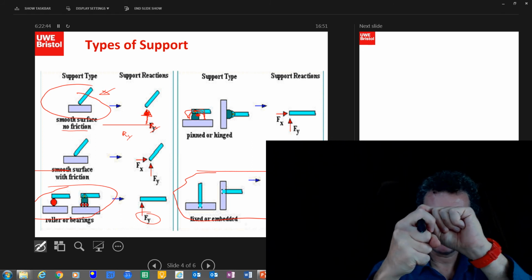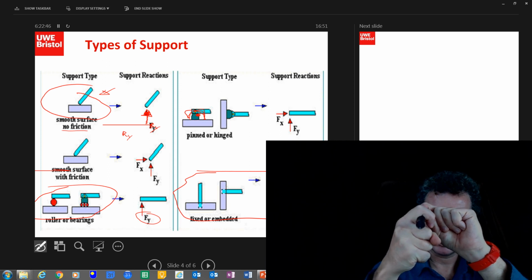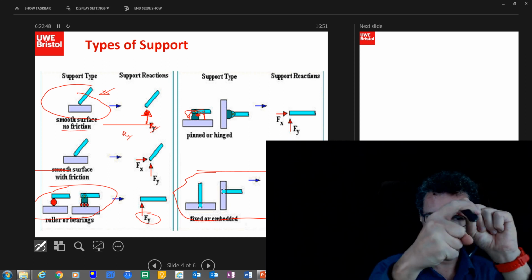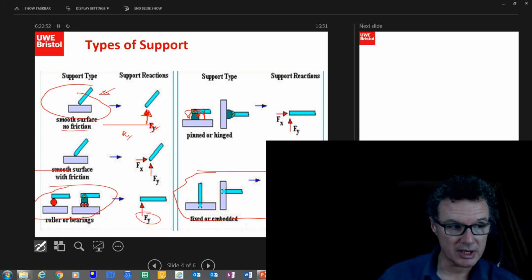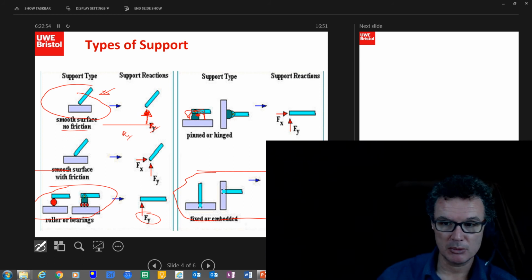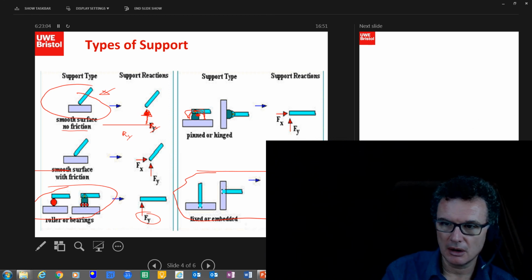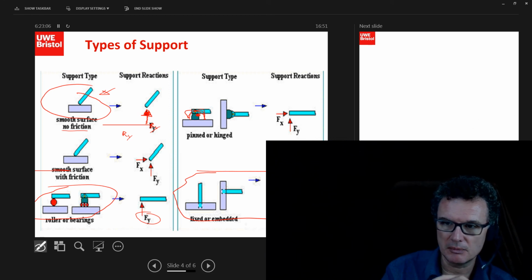It's always trying to push, but this hook is fixed. It's not letting it push around. So that means that we have forces that can be pushing either left to right or up and down. So that's why, for this particular case, we need to have a reaction force both going in the x direction and a reaction force going in the y direction.